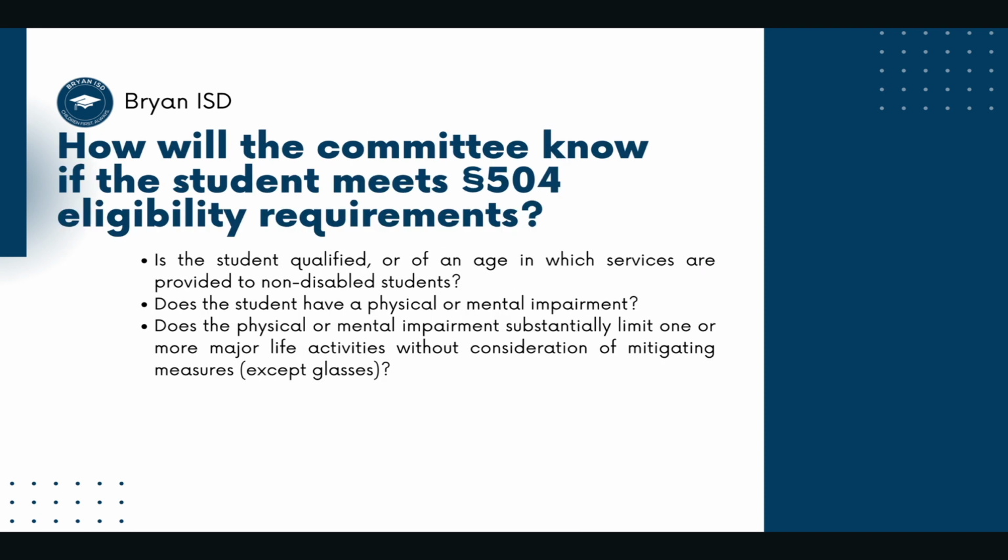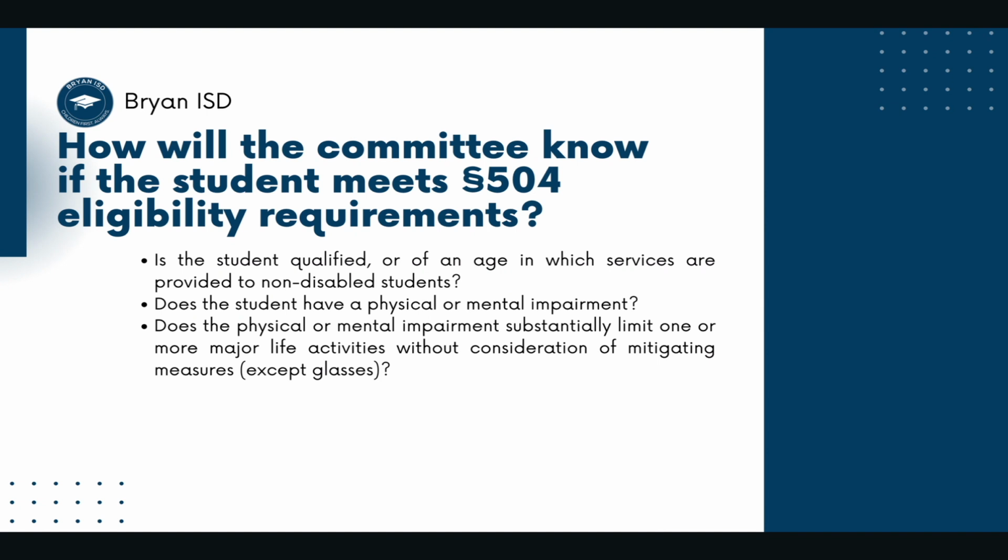As a committee, you're going to answer these 3 questions. Is the student qualified or of an age in which services are provided to non-disabled students? Does the student have a physical or mental impairment? And does the physical or mental impairment substantially limit one or more major life activities without consideration of mitigating measures?